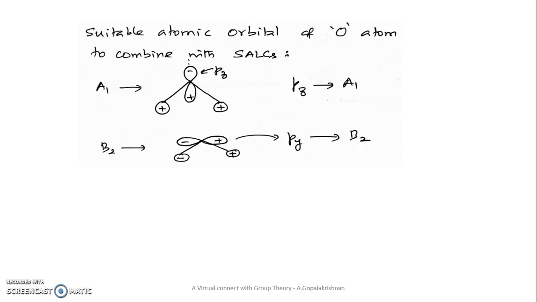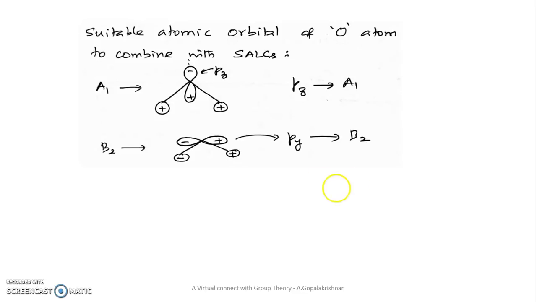Group theory only tells you the symmetry species of the atomic orbitals, so which atomic orbital can combine with which, only that information you will get. But the energy information you cannot get from group theory. For energy information, either you should go to experimental methods or to quantum mechanics.